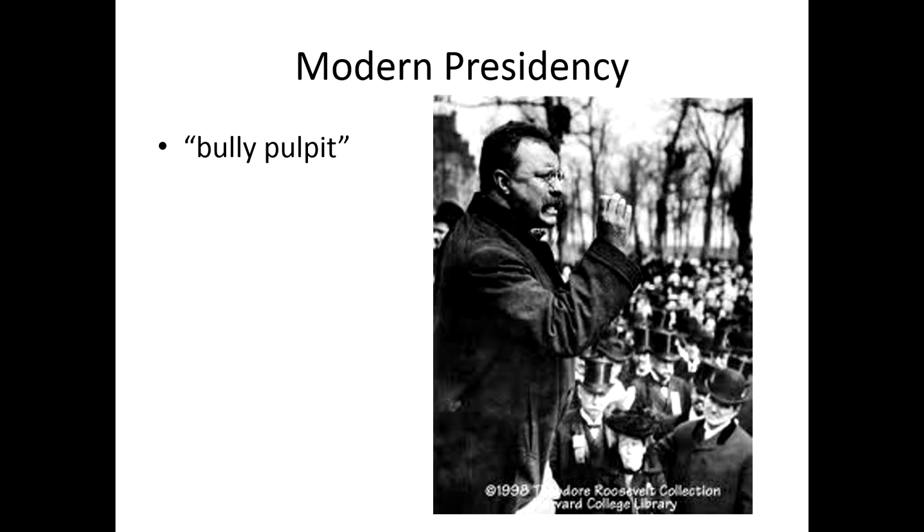This term, square deal, was used to describe various progressive reforms sponsored by President Roosevelt's administration. So he does lead and carry out several progressive reforms throughout his presidency.